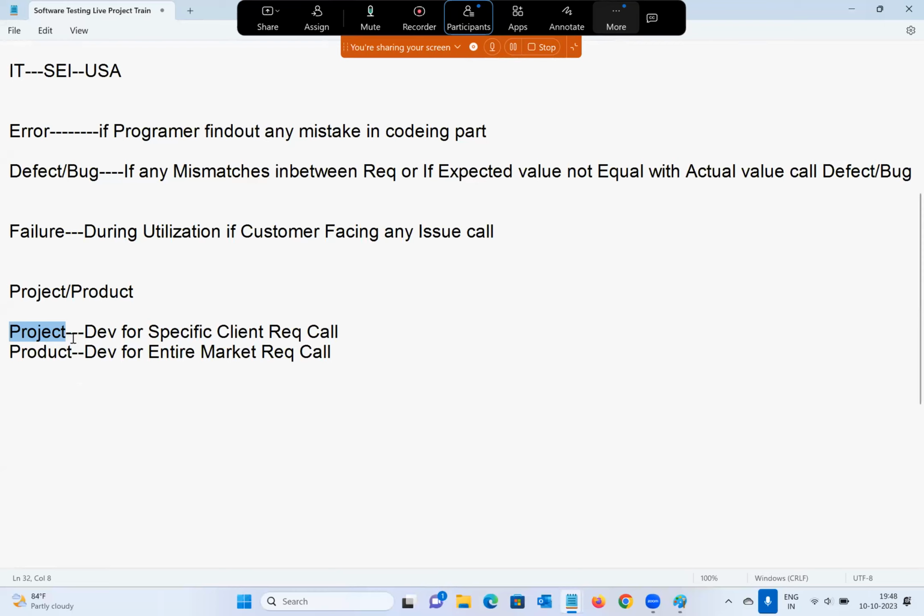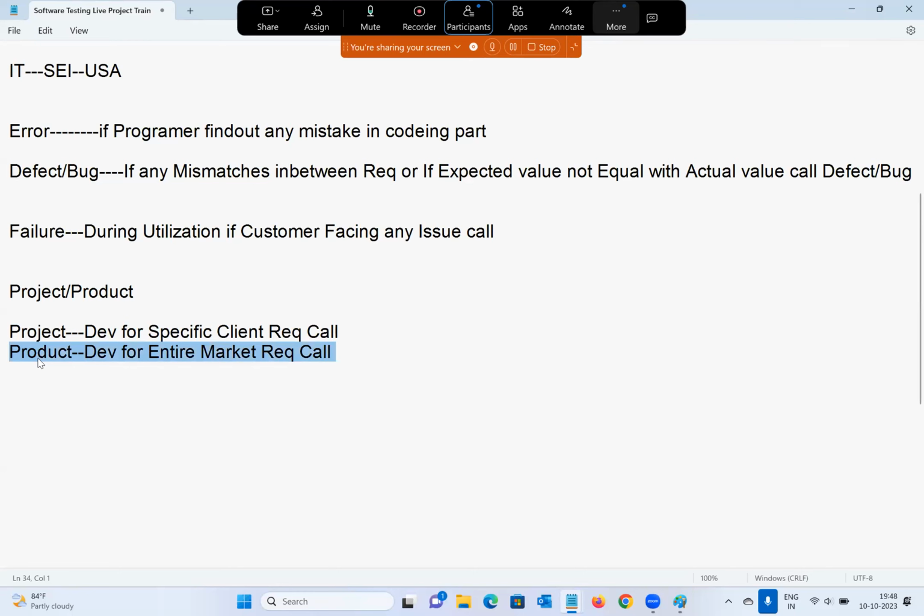One more example. I want to develop one mobile app for my students to discuss doubts and to get updates from me. It is only between my students and me, so it is called a project, because it is only for particular customers. Product: WhatsApp.